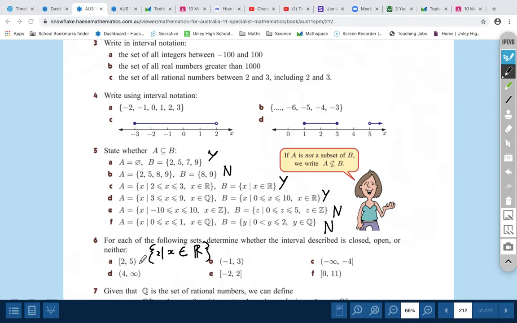Then you can just go to this shorthand approach. Your book explains what's happening, but basically, if you've got square brackets, we are including that lower value. So this is telling me here for 6a that we are including the 2, but we would not be including the 5.